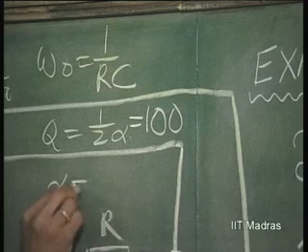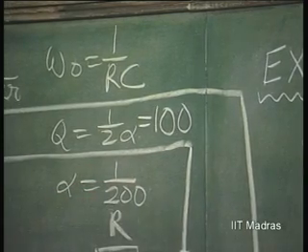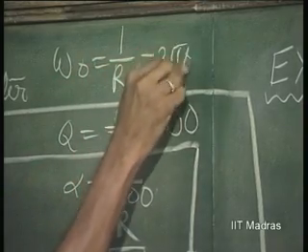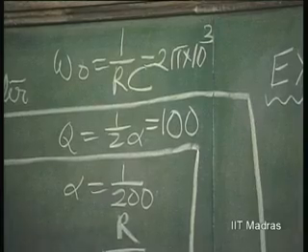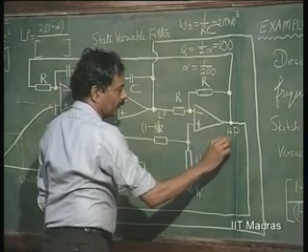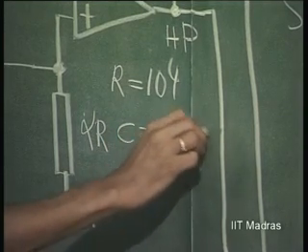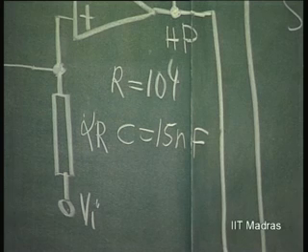So, alpha is 1 over 200. This is to be made equal to 2 pi into 10 to power 3. So, R if I select as 10 K like last time, C becomes 15 nanofarad. This we had already calculated earlier.